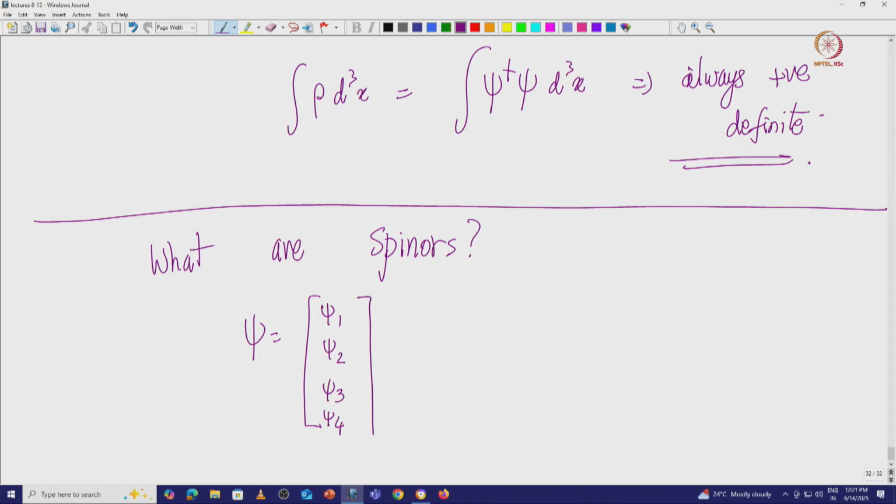What are these solutions? The upper two components have positive energy solutions, and the lower two have negative energy solutions.